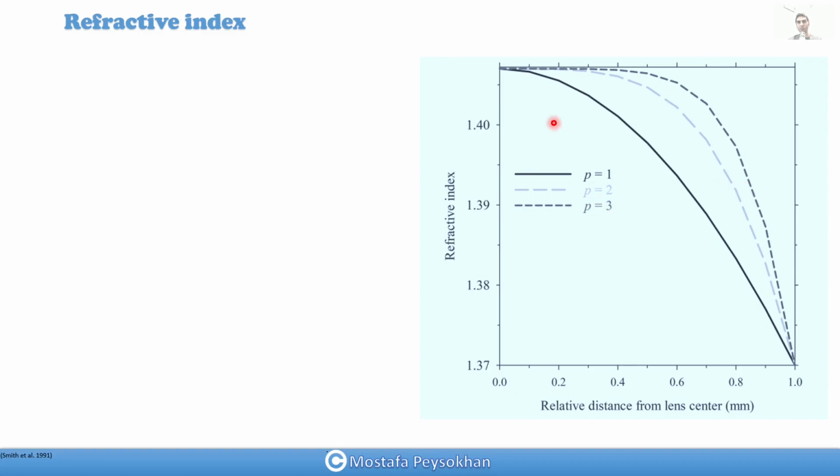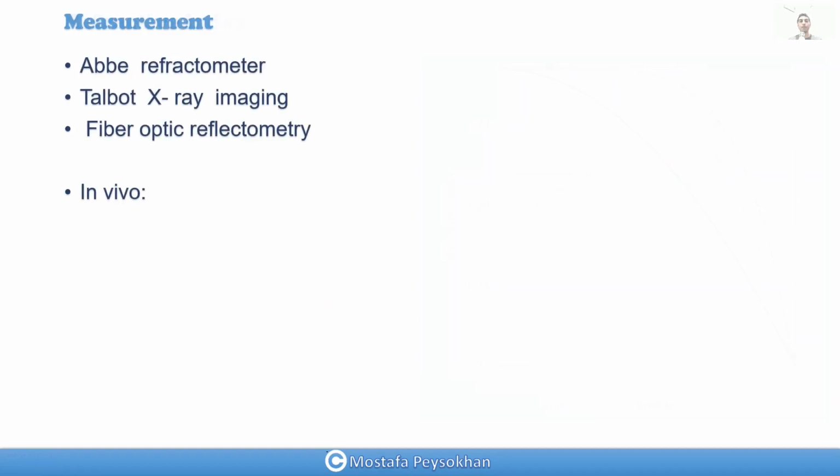At p equal to 3, it stays constant and then goes to a lower value, 1.37, very sharply. So the p number is representative of how much the refractive index changes versus distance. That's another way to explain this number.